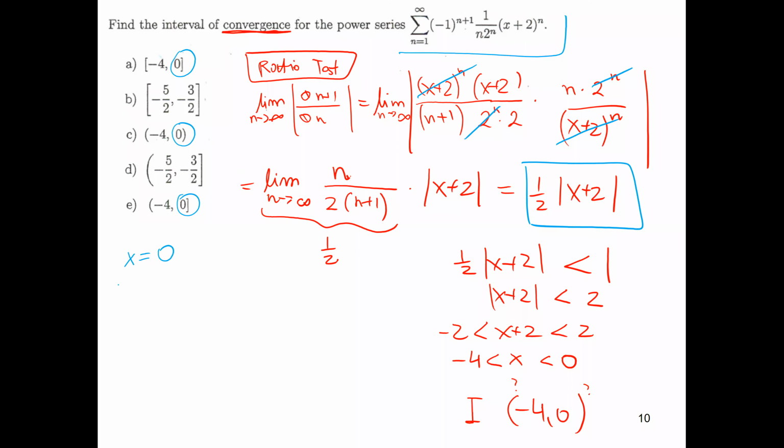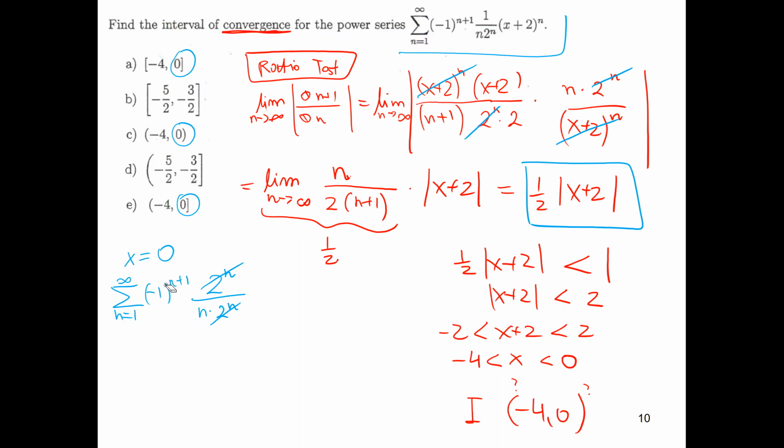Instead of x I substitute 0, and what I have is -1 to the n plus 1 and x plus 2 to the power of n and 2 to the n. But x is 0, so I only have 2 to the n, because 0 plus 2 is 2. The 2 to the n will cancel out, and we have 1 over n, but alternating.